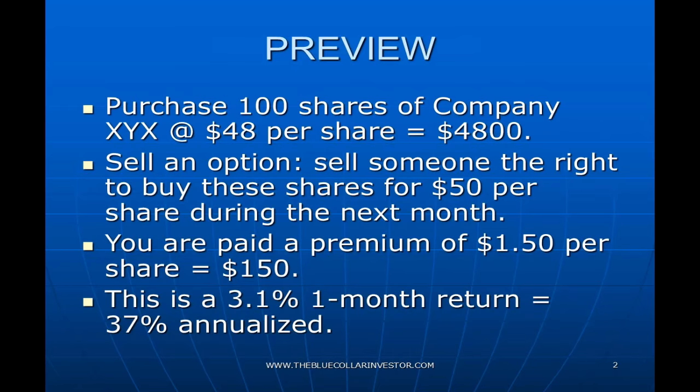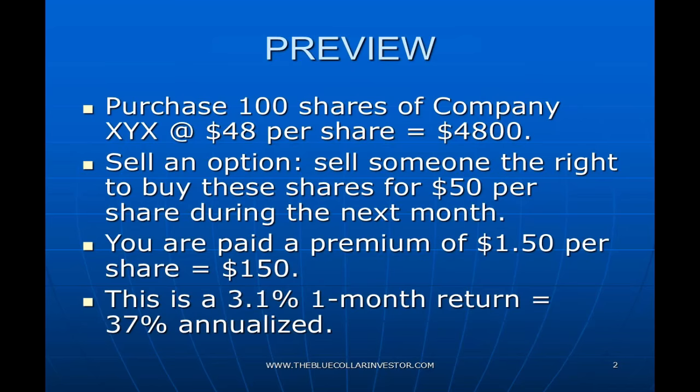What we're doing here is selling some unknown person, because everything is done online with the tap of the computer, the right but not the obligation to buy our shares from us at a price that we determine, by a date that we determine. In return for undertaking this obligation, we are paid a cash premium that's determined by the market.